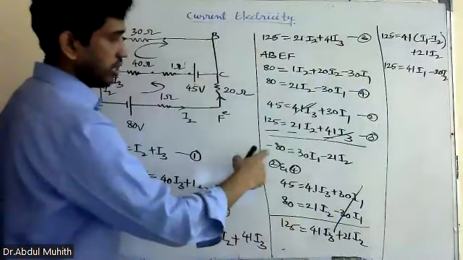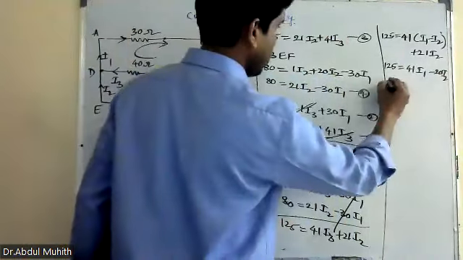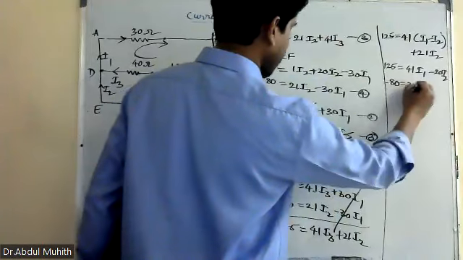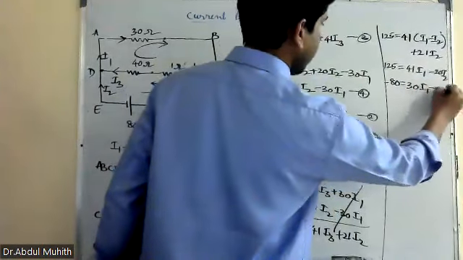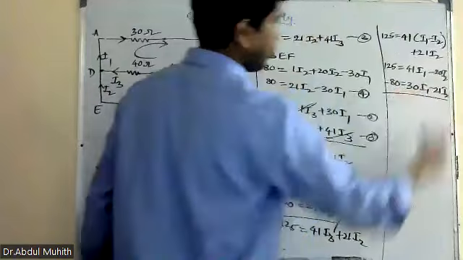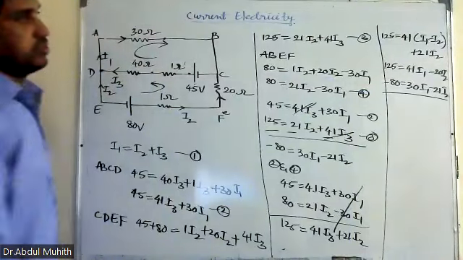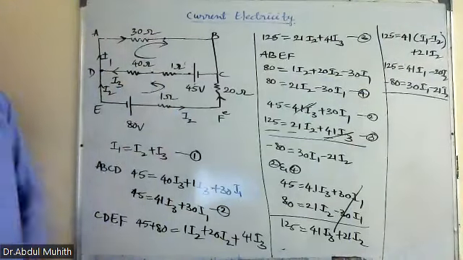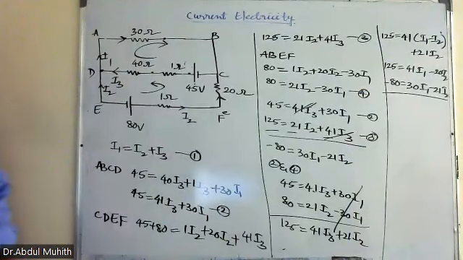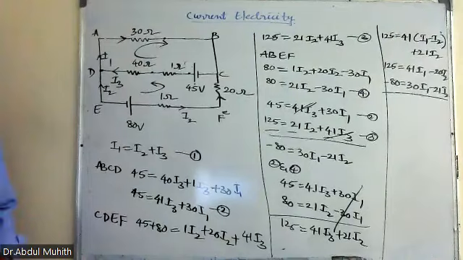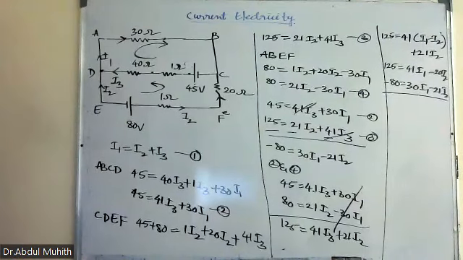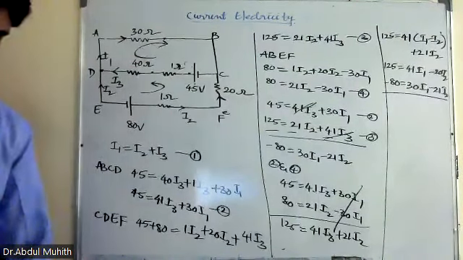So I got this I2, and here also I have one more equation. What is that? Minus 80 is equal to 30 I1 minus 21 I2. Now try to solve it. You will get the answer for this. Multiply with something and we will get I1, I2, I3. Clear? That is the way we solve it. So you can start solving such type.